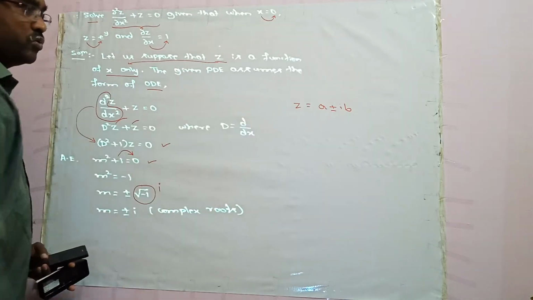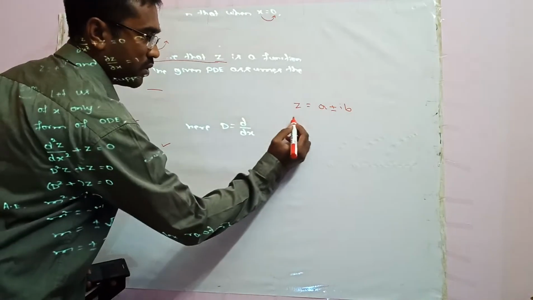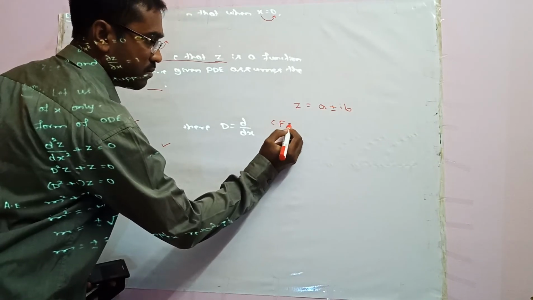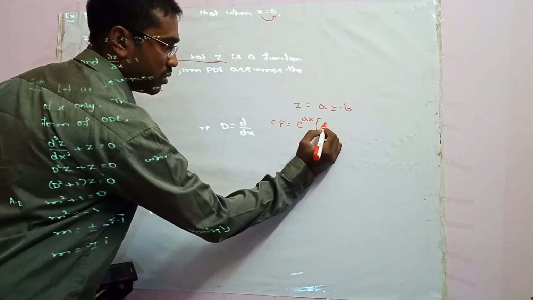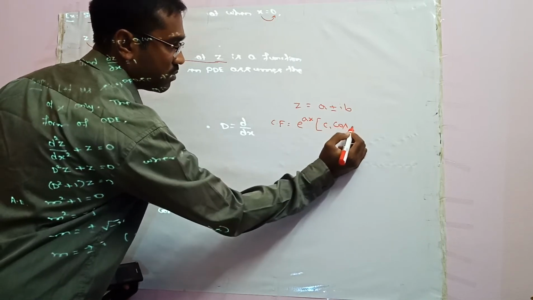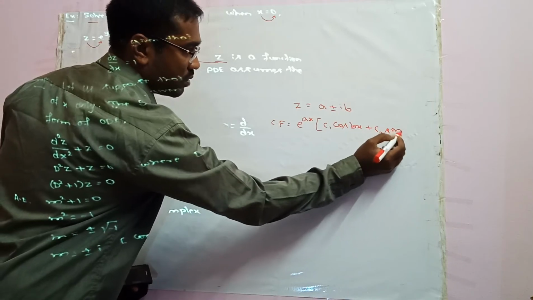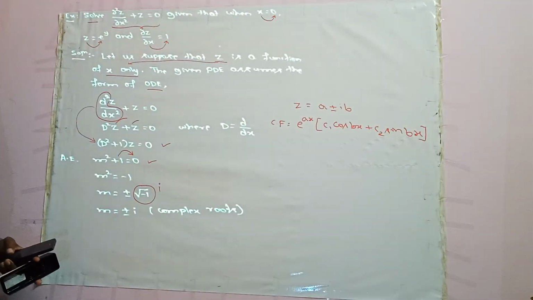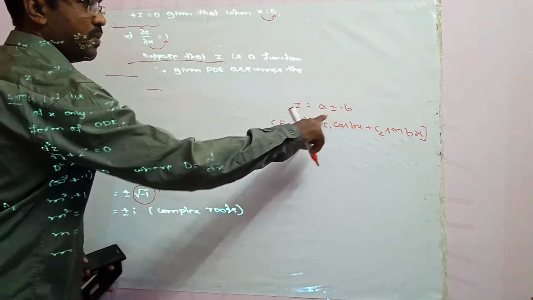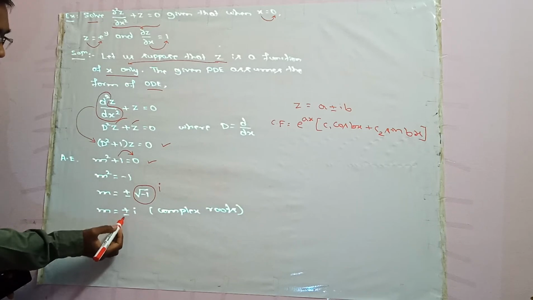When you have these roots, we can write the CF as e to the power ax into (c1 cos bx plus c2 sin bx). So this is the CF when you have a complex root of this form. Here what we have is plus or minus i.